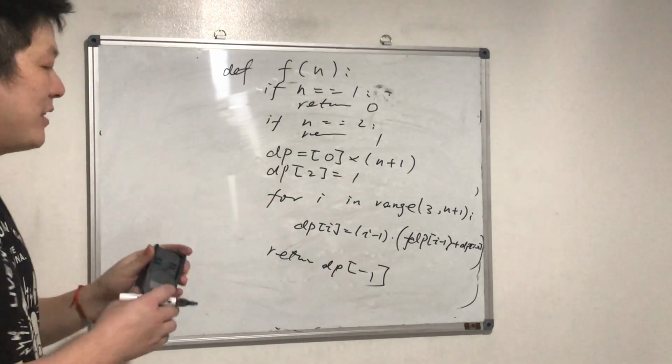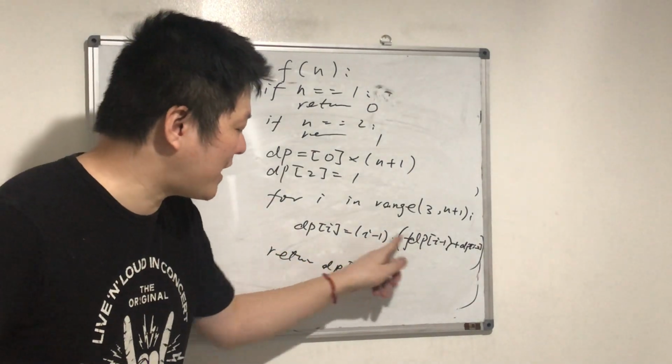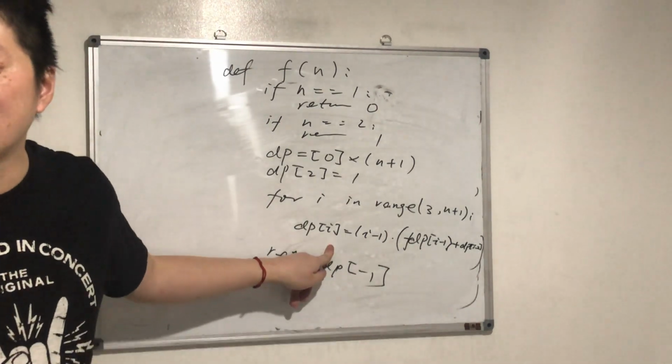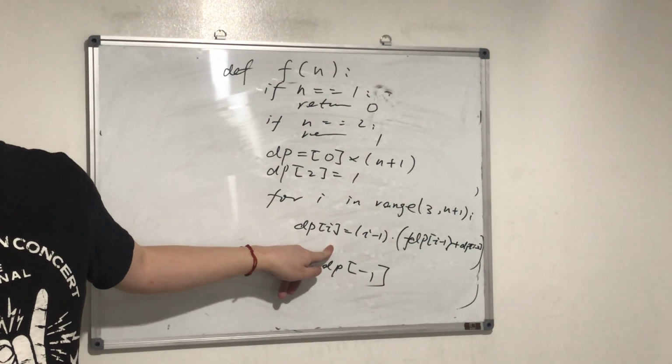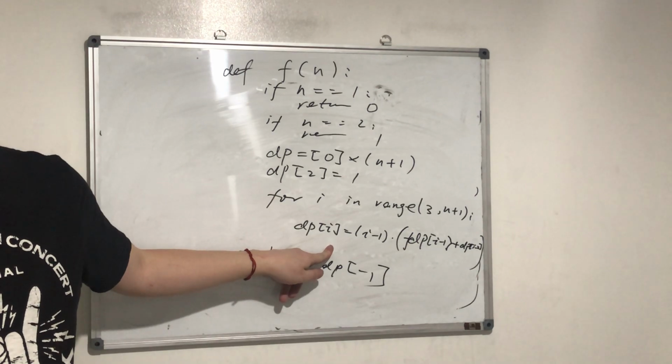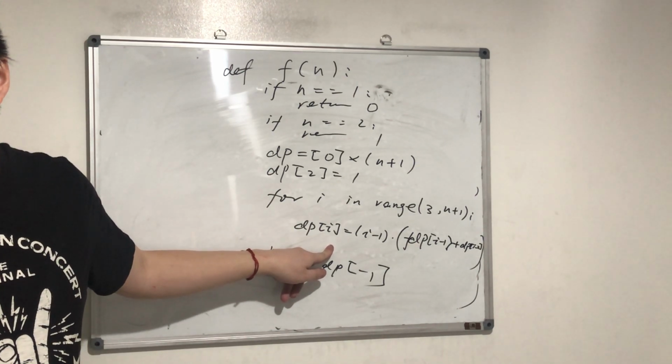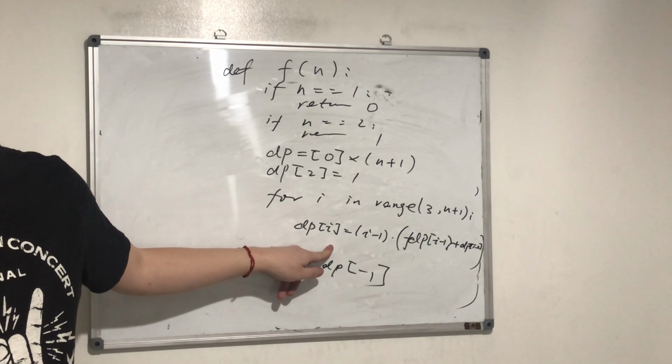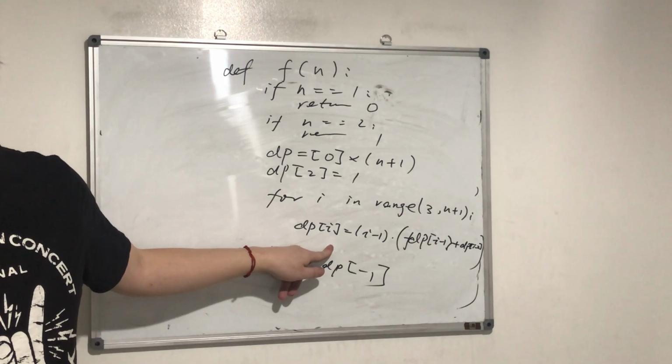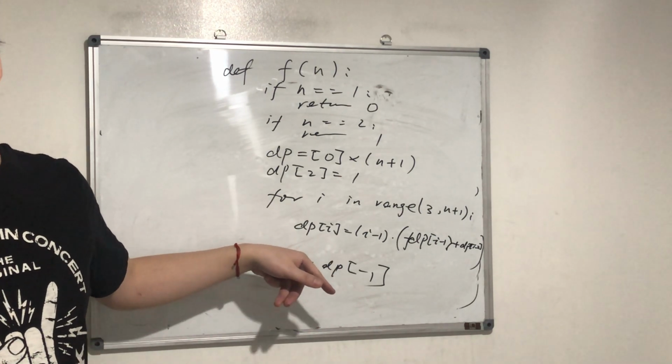Because every time we're calculating dp[i], how many values do we need? Only dp[i minus 1] and dp[i minus 2].